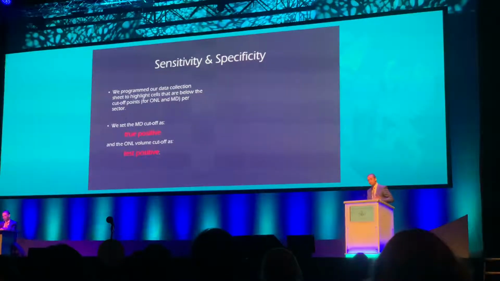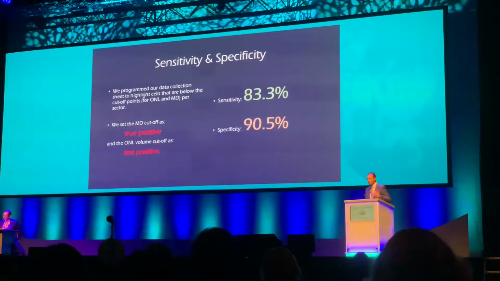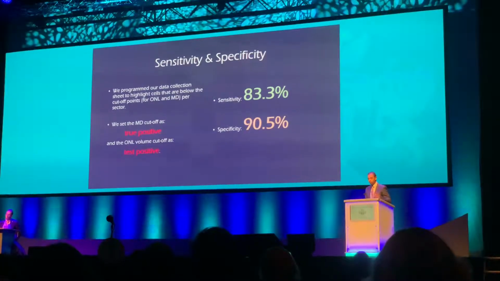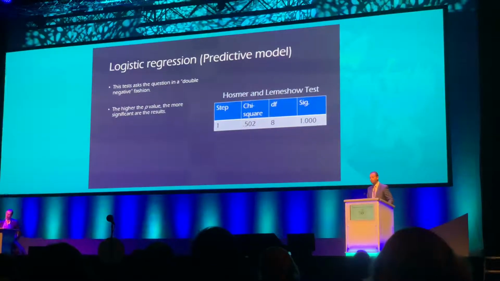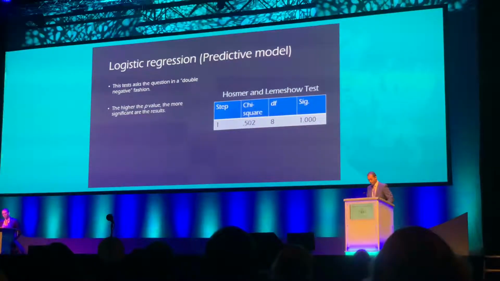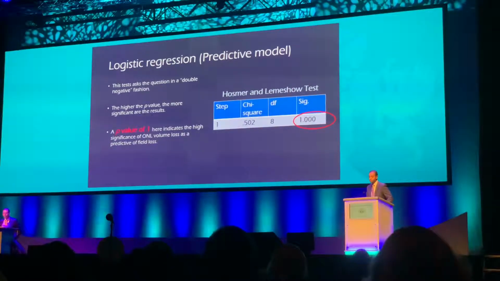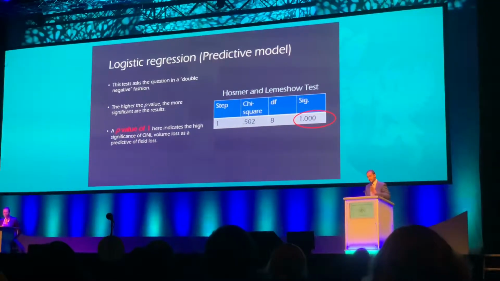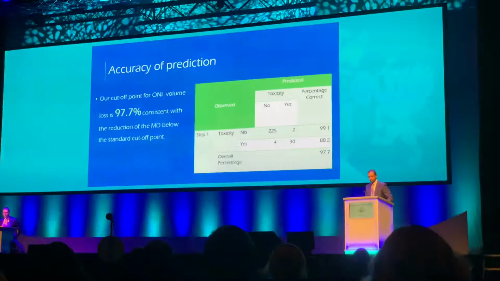From there, we were able to calculate a sensitivity of 83.3% and a specificity of 90.5%. We used the Hosmer-Lemeshow test to see how good a predictive model this is, and we are aiming at a high p-value, and we got a p-value of 1, which is highly significant for this test.